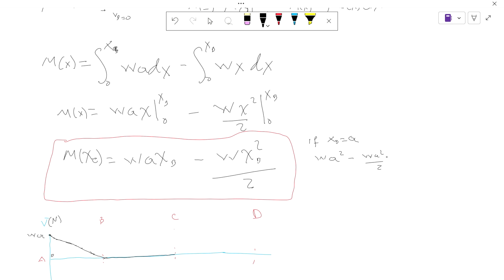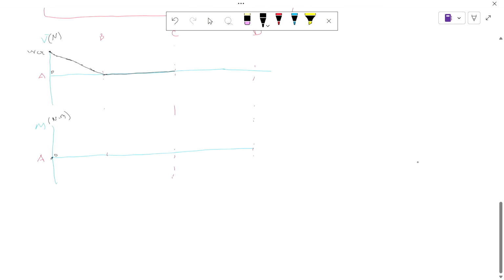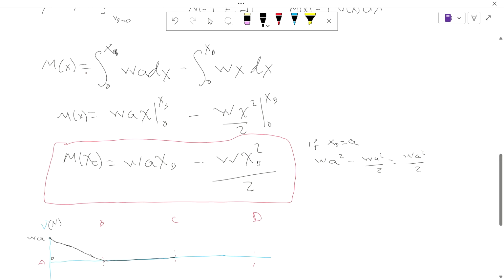This is W1 minus 1/2, which is 1/2 WA squared over 2. So we're going to have a point at WA squared over 2.